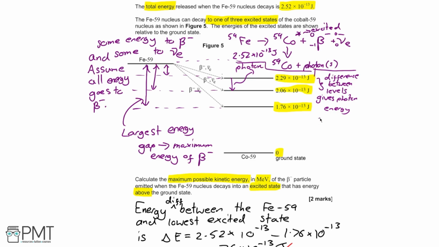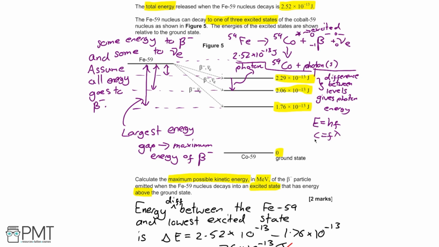Now, this photon energy is related to its frequency by the equation E is equal to hf. We also know that the frequency is related to the wave speed, which is the speed of light here, by the equation c is equal to f times lambda.